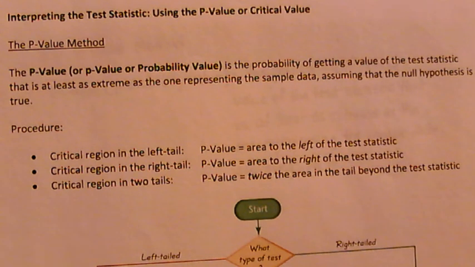You want the entire p-value, so you have to get twice the area in that tail beyond the test statistic. That's probably the confusing one, where you have a two-tailed test. Make sure that when you get your p-value, you get twice the area in the tail beyond the test statistic.